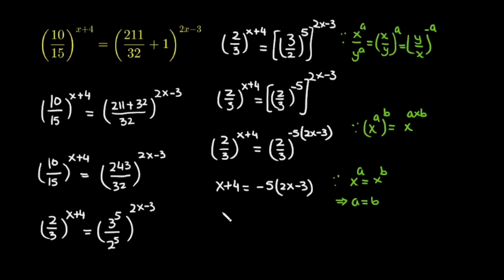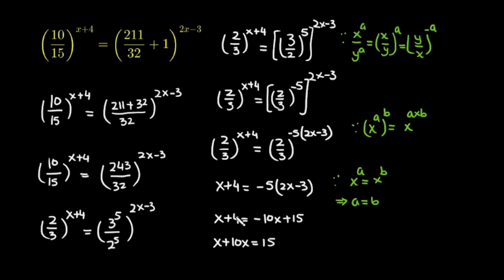So open this bracket. So this is x plus 4 is equal to minus 10x minus 5 times minus 3, this is plus 15. So shift this minus 10x to the right hand side. So this is x plus 10x is equal to 15.